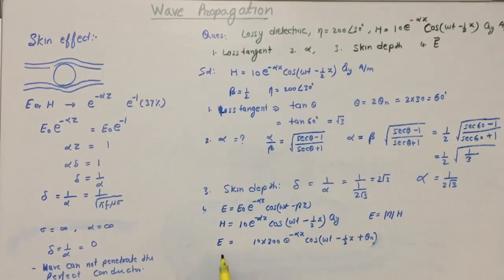We have written the formula of E, but the direction of E is still unknown. So to find the direction, let us concentrate a little bit. We know that aE cross aH will be the direction of propagation of the wave, that is aK. The wave is propagating in the direction of x, so we write aX, and aH is in the direction of aY. aE is required to be known.